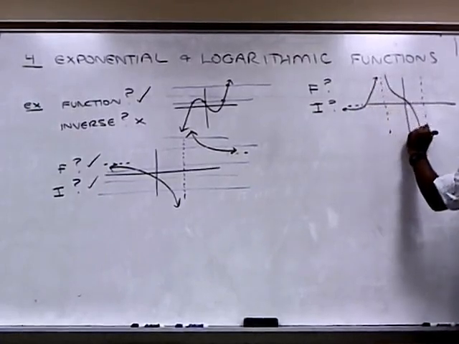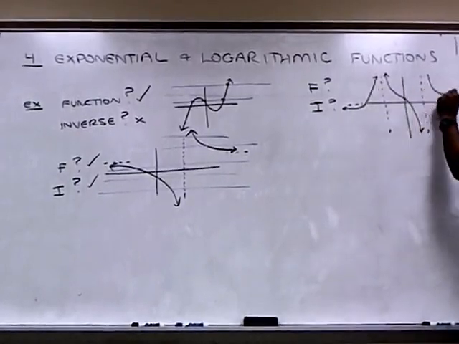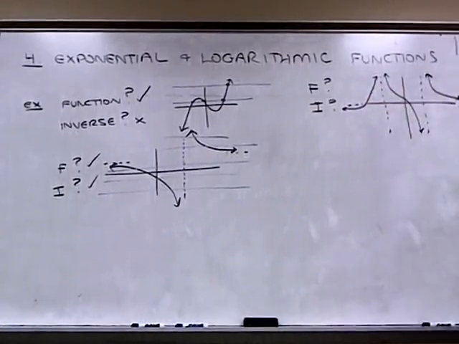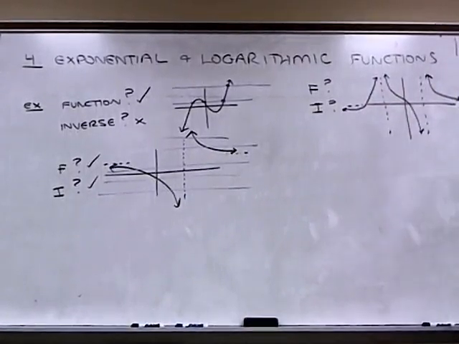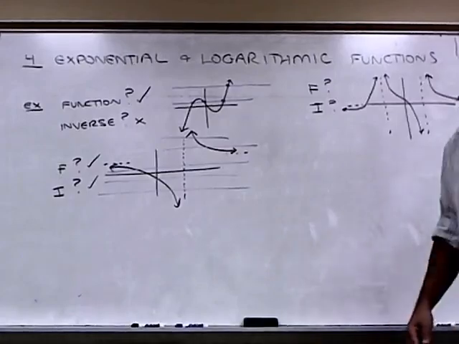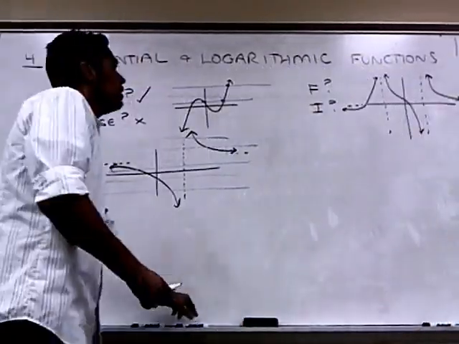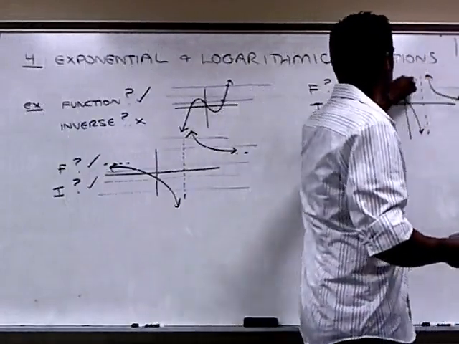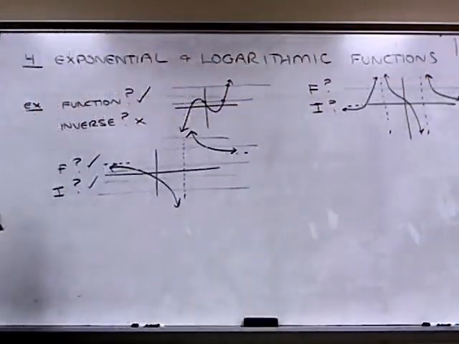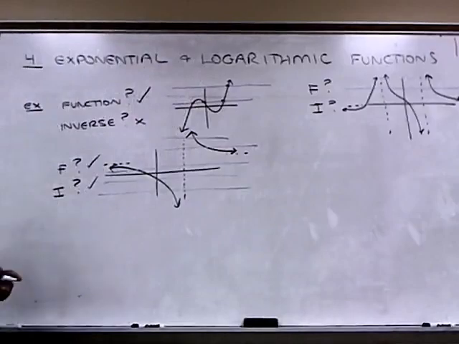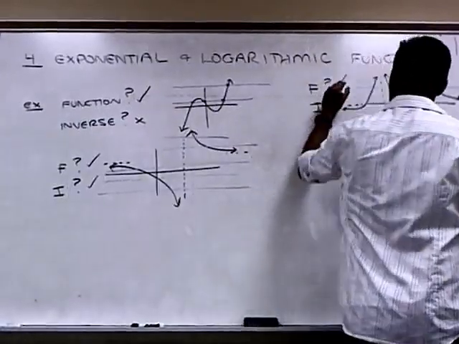I think it went like this. On this side, it did something like that. I don't know. Is that a function? Yes. Does it have an inverse? No, right? If I draw this right here, I actually hit it 3 places. So, yes, function, no inverse.